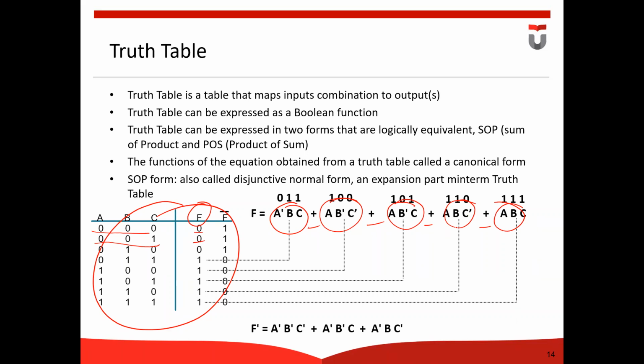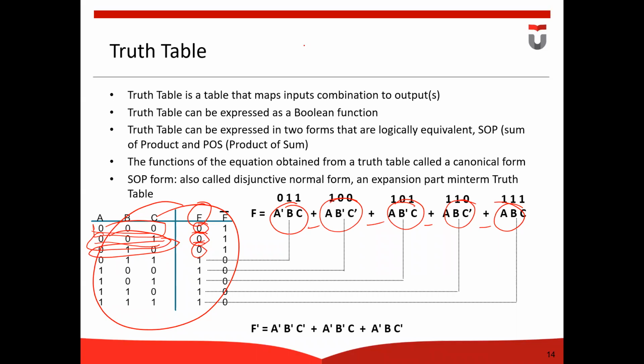Now, because we need to represent all combination from the table, then we can see that from the first combination, do we have the output of 1? No, it's 0. How about the second combination, 0, 0, 1? No, the output is 0. How about the third combination, 0, 1, 0? No, it's still 0. Now the rest are 1.